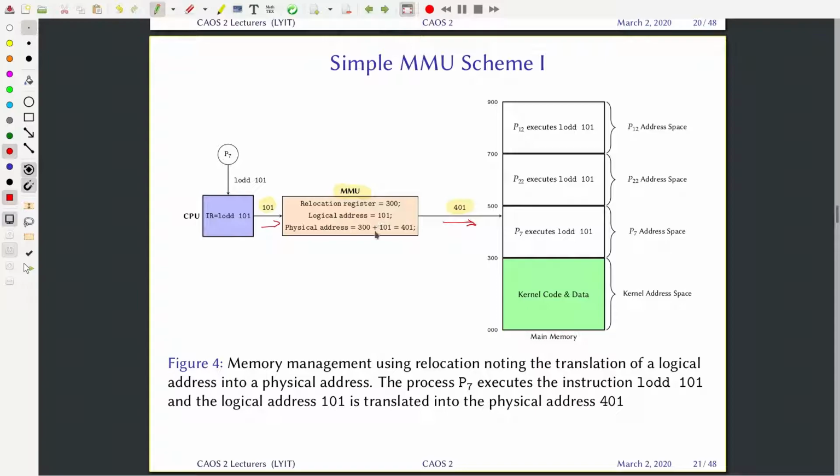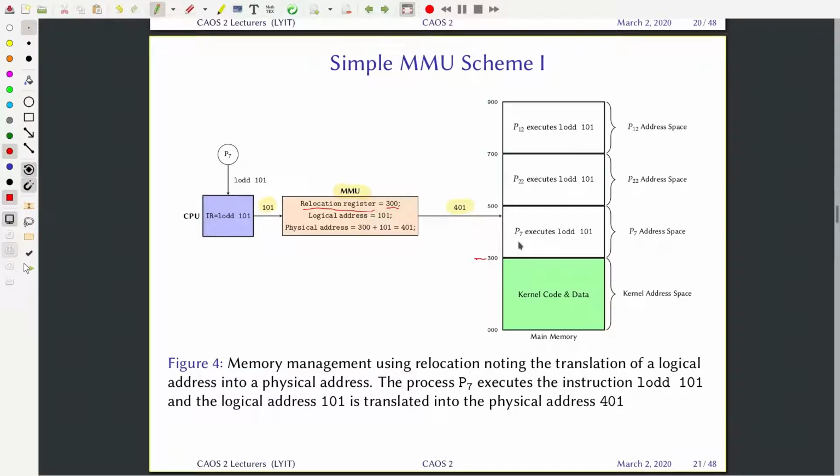So the question then is, what is being done inside the memory management unit to do this translation? Basically, for this very simple example, which is demonstrating the idea of relocation, we can see that internal to the memory management unit there is a special register, which is called the Relocation Register. The Relocation Register is set to a value which is the first physical address belonging to the process in main memory.